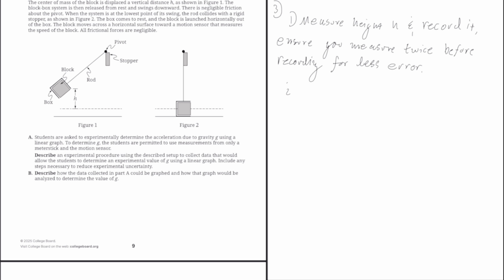So the next step, step 2: release the box and measure v as it's sliding. And it said it's sliding, right? It moves across the surface. My handwriting's horrible.